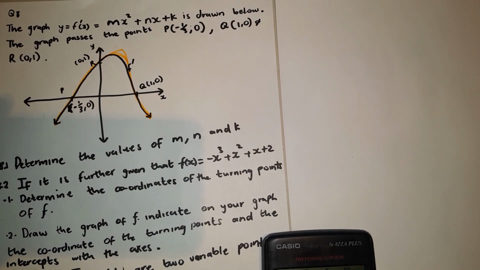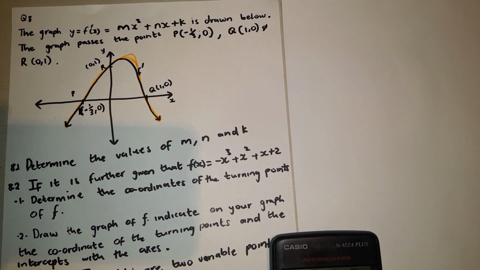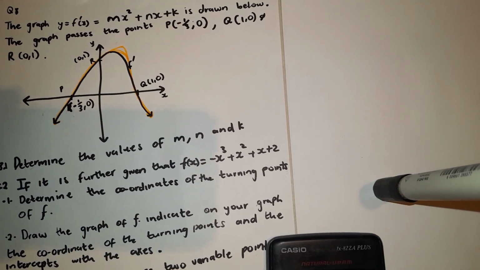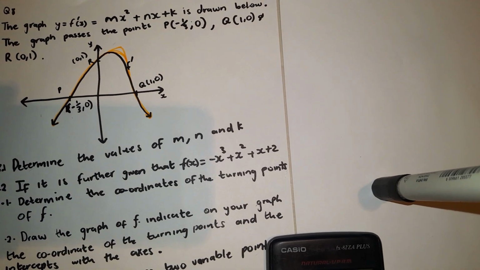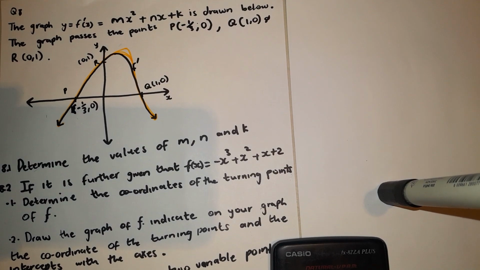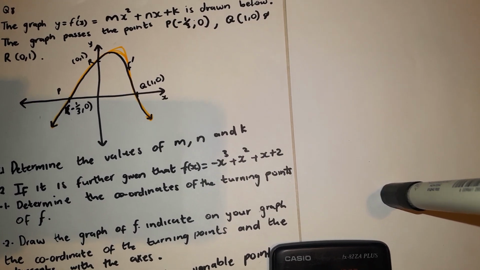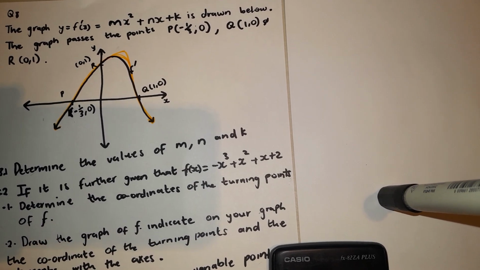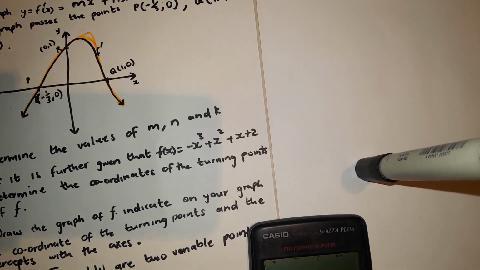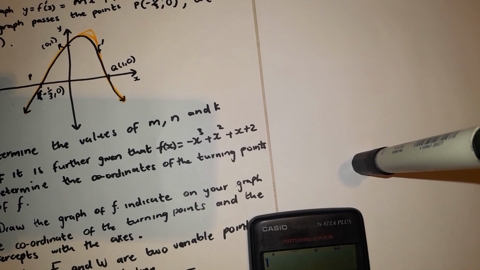So let's begin. Our question says: the graph of the first derivative, y, which is f prime of x, equal to mx squared plus nx plus k, is drawn below.